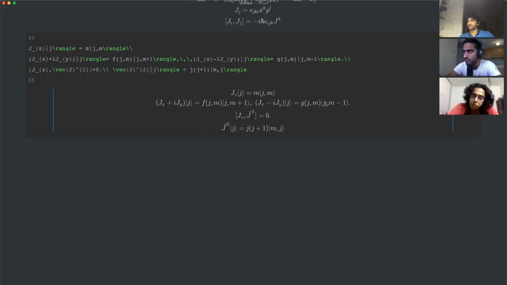And then M you can climb up or climb down, if you know what Fj and Gj are. But you can't change J with Jz, so you can only change M. Similarly, you can't change M with J squared. These are two different things. They just move each other. Sorry about that, but that's how SU2 representation works.